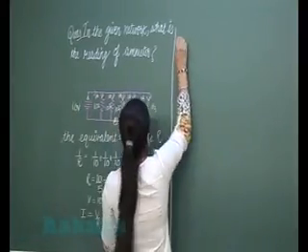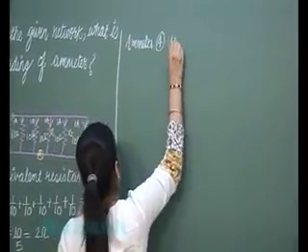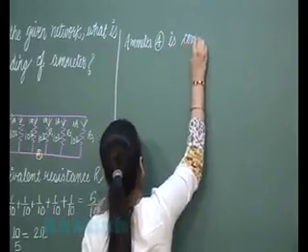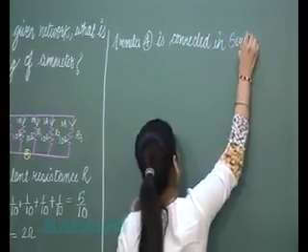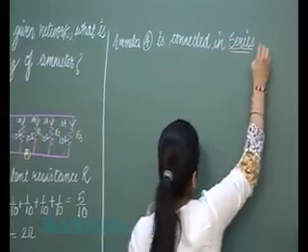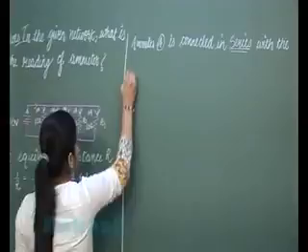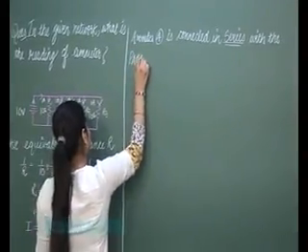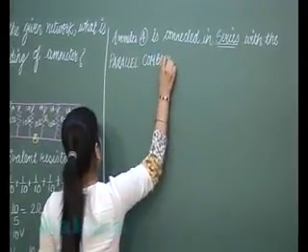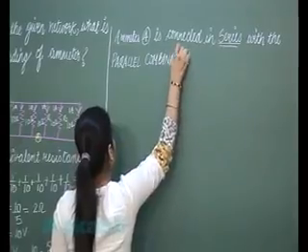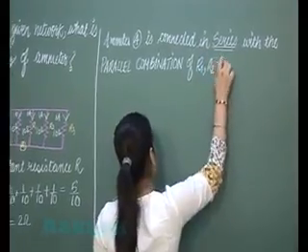Student, ammeter A is connected in series with the parallel combination of R1, R2 and R3.